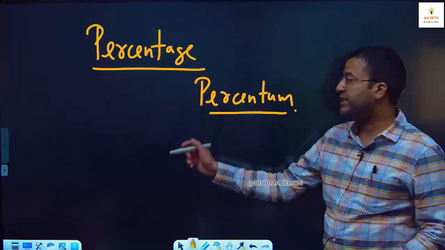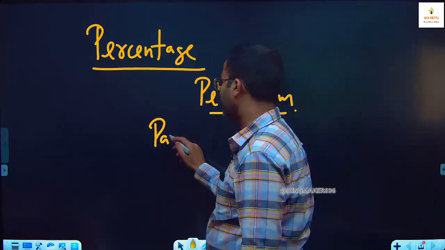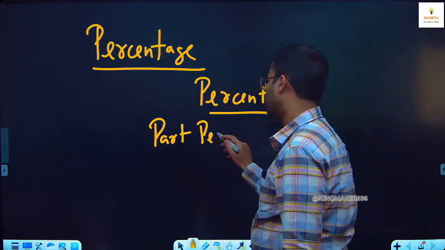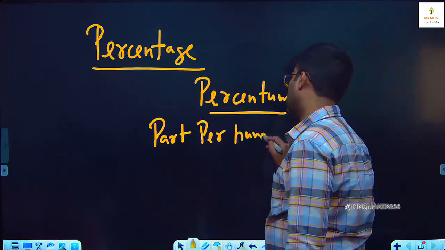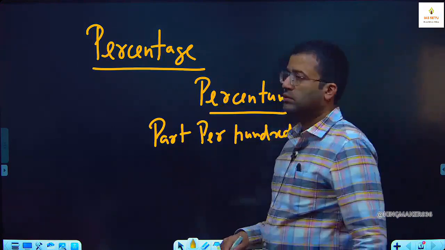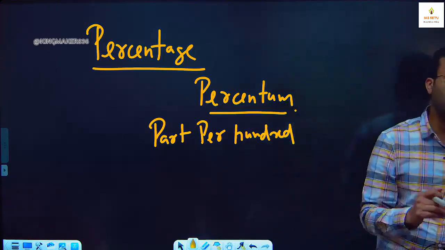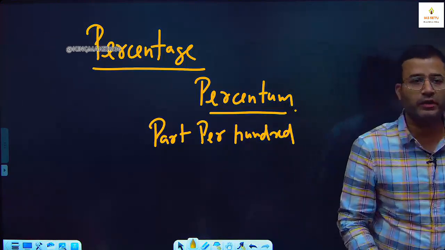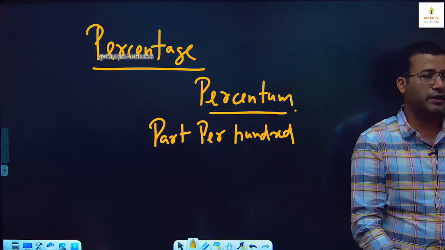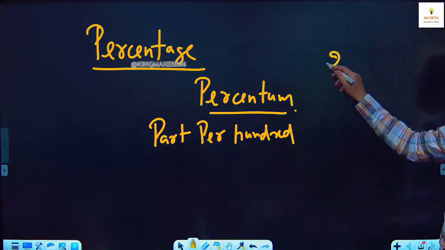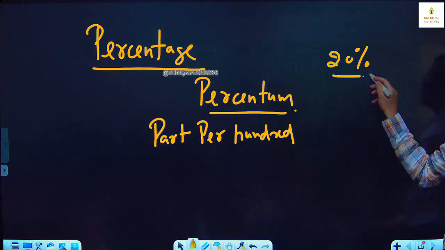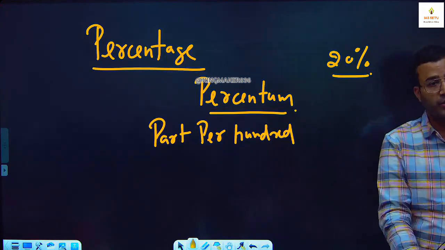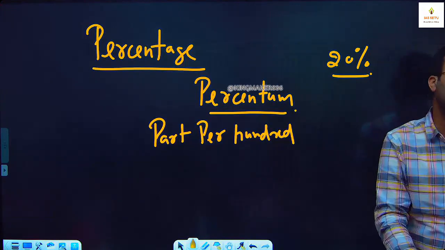So percentage is like part per 100. Part per 100, 10 part out of 100 part, 20 part out of 100 part. Like if we get 20% marks, it is 20 marks out of 100 marks. So the number of parts out of 100 parts is that much percentage.